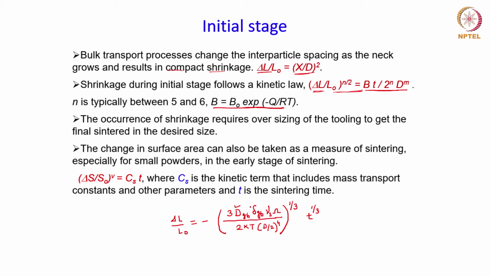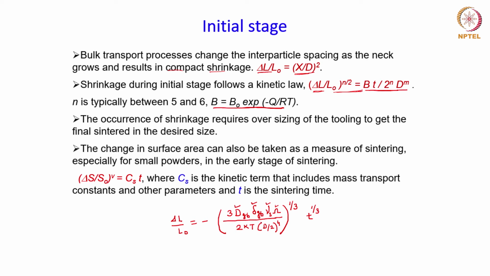Where dGB is the grain boundary diffusion coefficient, delta GB is the grain boundary thickness over which the diffusion occurs, gamma S is the surface energy, and omega is the atomic volume, and the rest of the terms have their usual meanings.